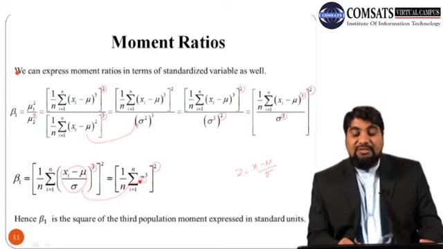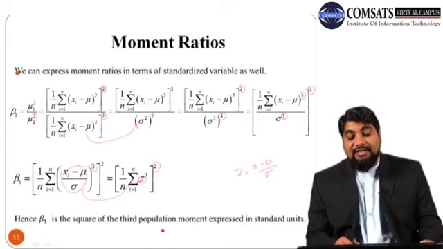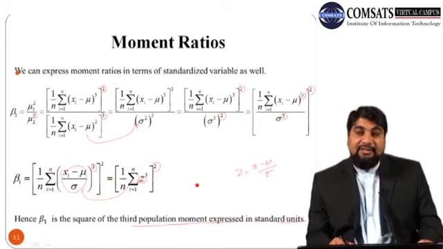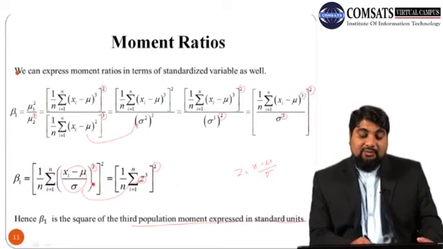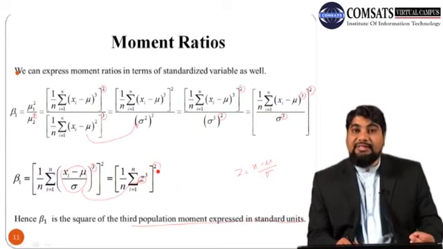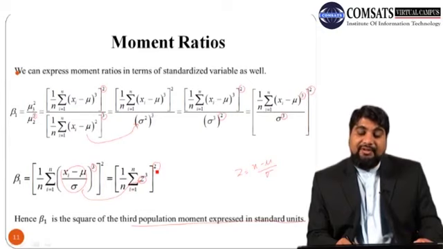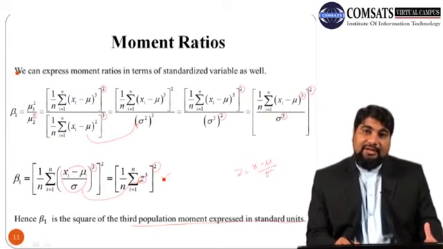Since z has been standardized, we can say that it is the third population moment expressed in standard unit, and beta 1 is the square of this third population moment which is expressed in standard units. So we will use this result in our later slides. So this is one very important result.